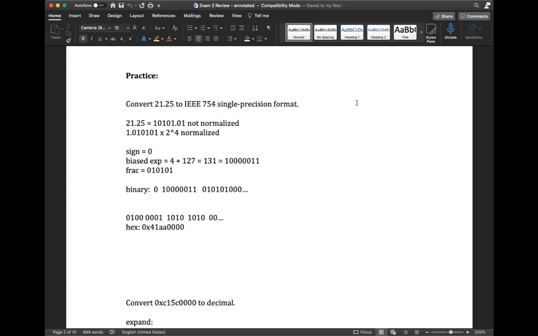And now we have to represent this 131 in 8 bits of binary. Again, you can use place value. This first bit here is 128. So if I subtract 128 from 131, I need to come up with 3 more bits here. And this is 3 right here, 2 plus 1. So you can use place value here as well.